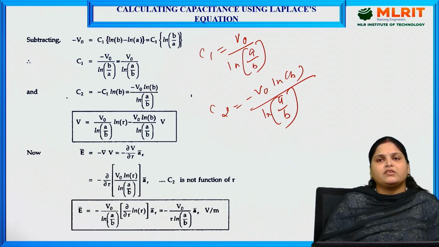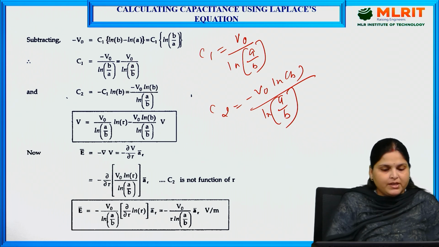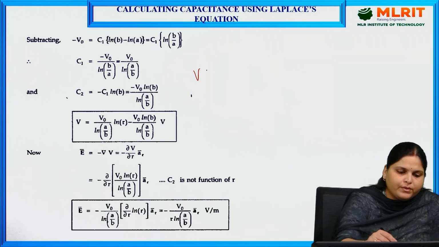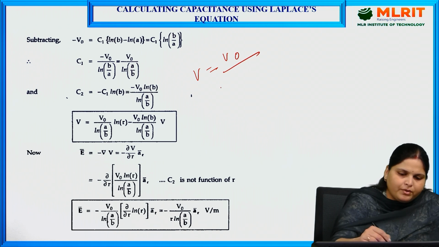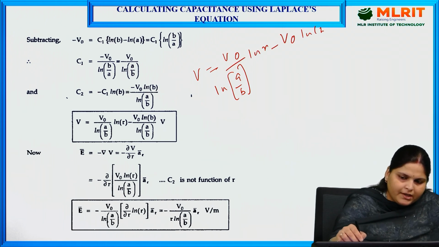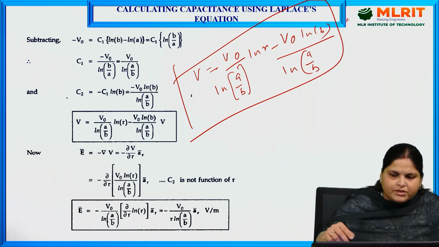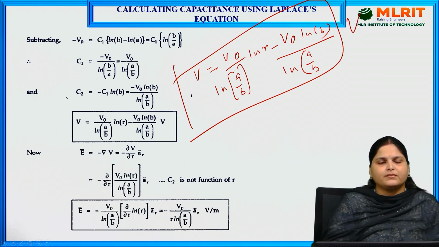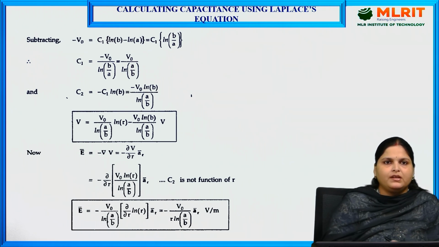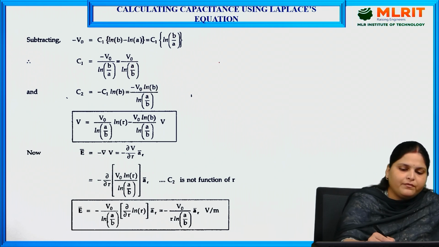So these are the equations of C1 and C2, and by putting these into the potential equation we get V = V0 upon ln(A/B) times ln R minus V0 ln B upon ln(A/B) volts, right? So this is the equation of potential. Now since we have to calculate capacitance, before that there are a few more steps.